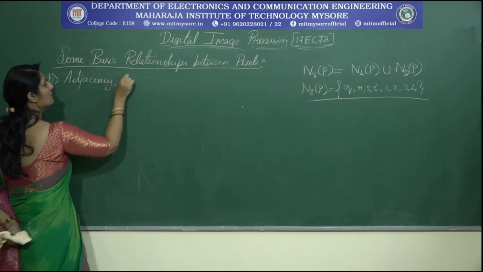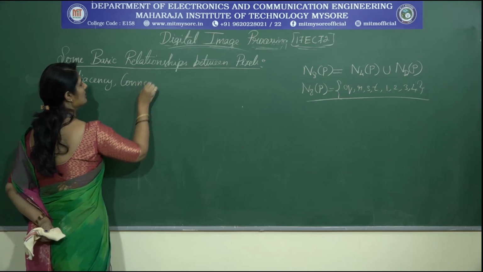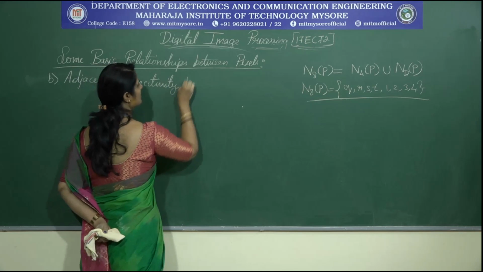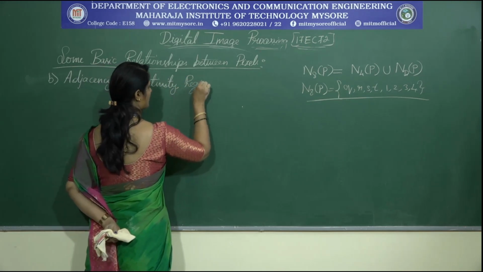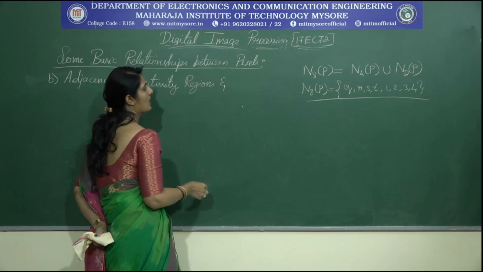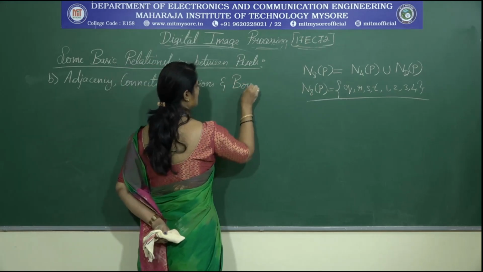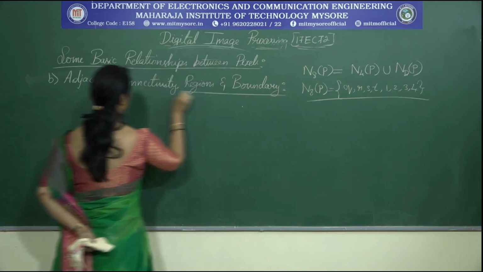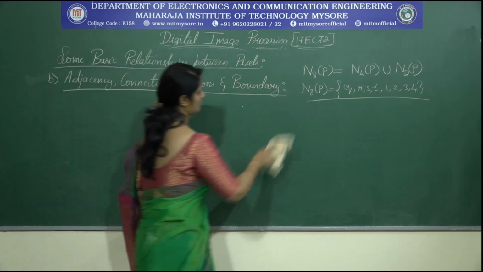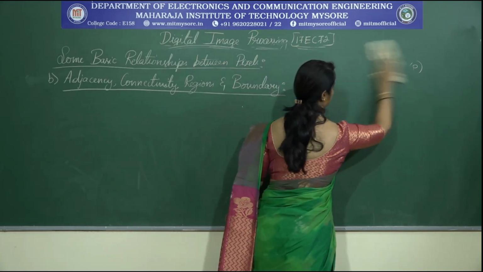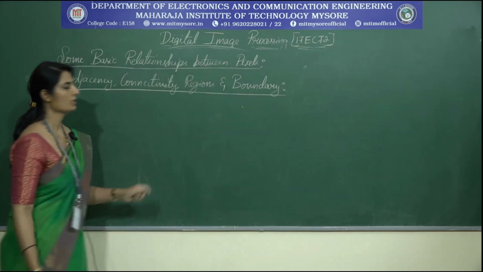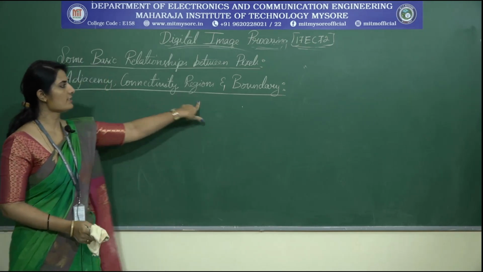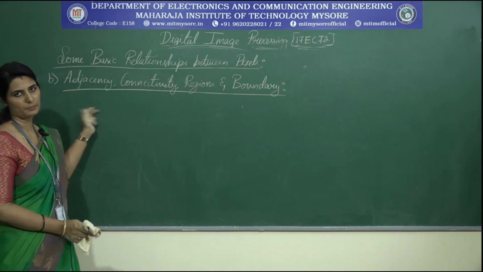Adjacency, connectivity, region and boundary. So next is adjacency, connectivity, regions and boundary with respect to pixels.